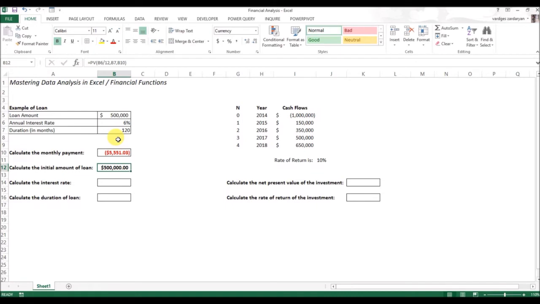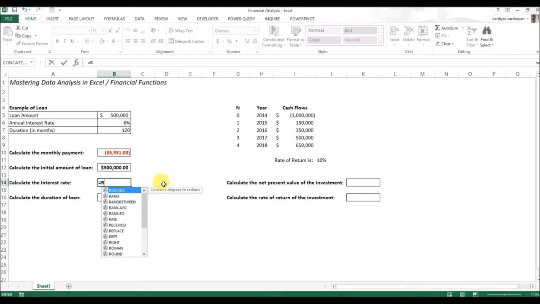Now another task. We have the present value of the loan, duration, monthly payment, and let's calculate the interest rate by the RATE function. Select duration, payment, monthly payment, present value.